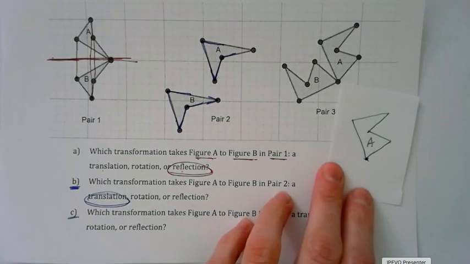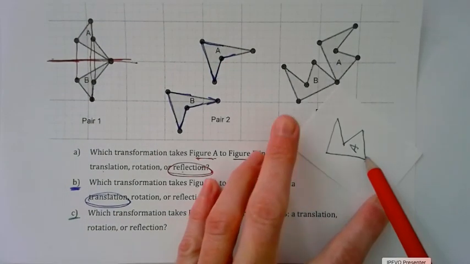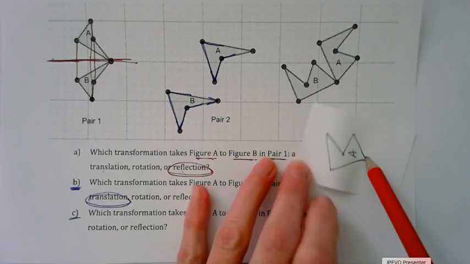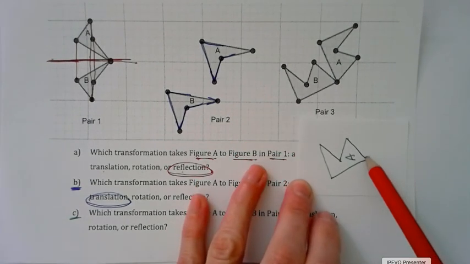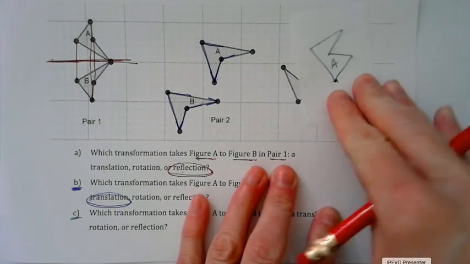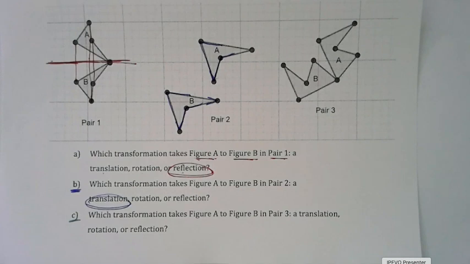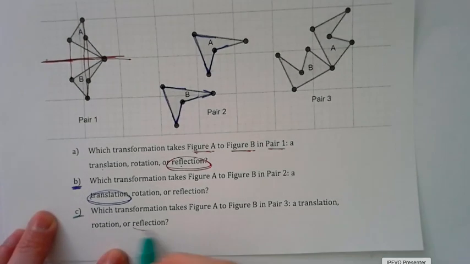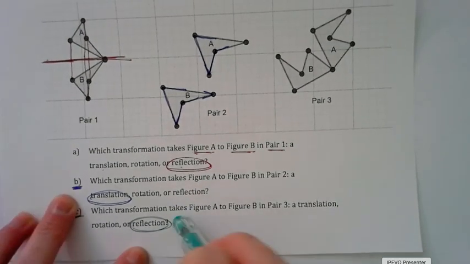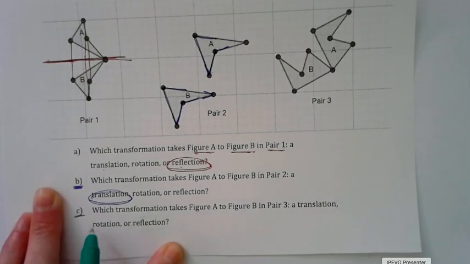So if I started with A, I rotated, I could make it look like B. Now again, you would do that on your paper. I can see through this, but you can't. So you would use your tracing paper and you would see that that was a, oops, not a reflection, rotation.